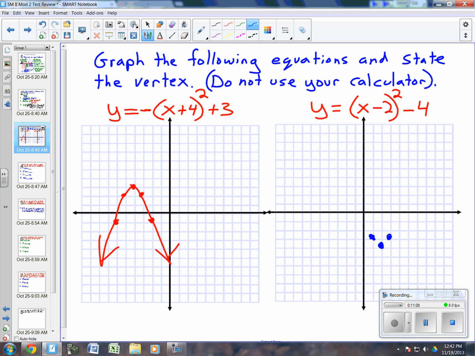Now 2 more points on either side. Okay, draw it in there. Okay, you guys, so it went 2 to the right and 4 down is the vertex. And the vertical stretch was 1, so it just went over 1 and up 1, right? Good. Good job. Okay.